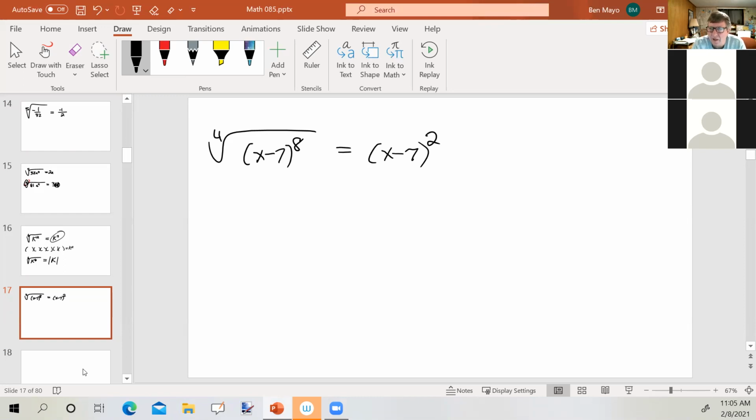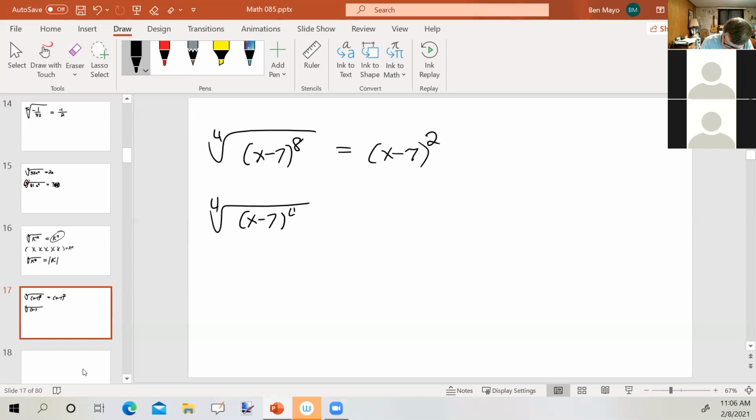So do we need absolute value bars there? Can you put absolute value bars around parentheses? Well, you can, but if it doesn't need them, you shouldn't put them there. It doesn't need them because if it's squared, it's never going to be negative. Oh, I see now. Okay, we're getting there.